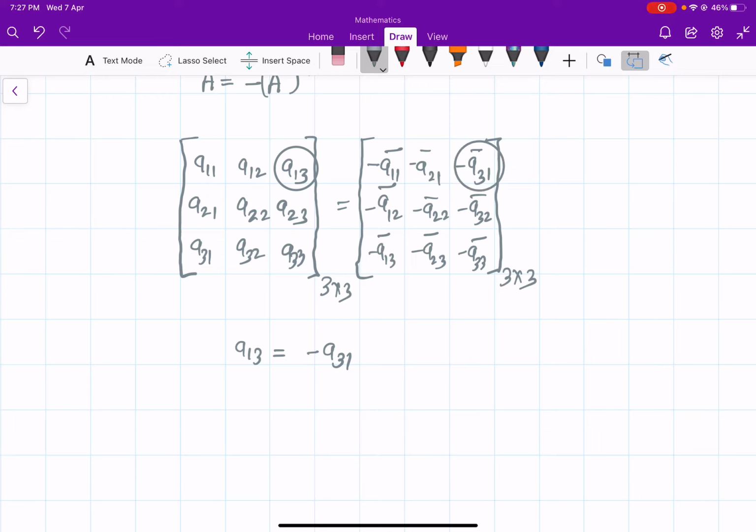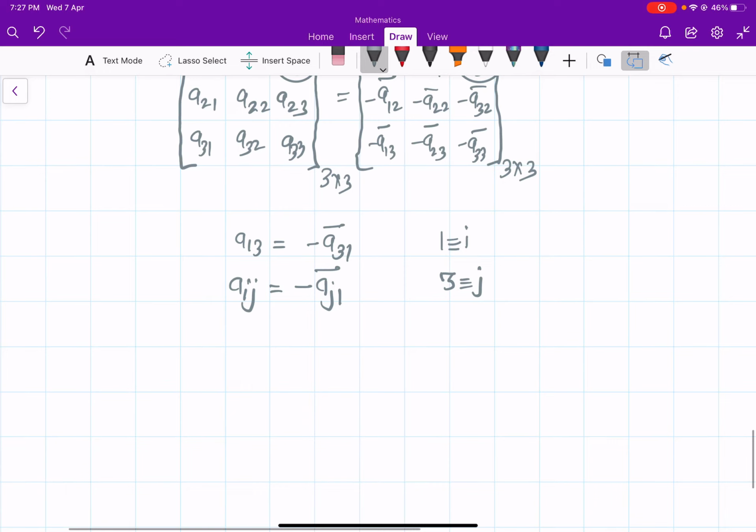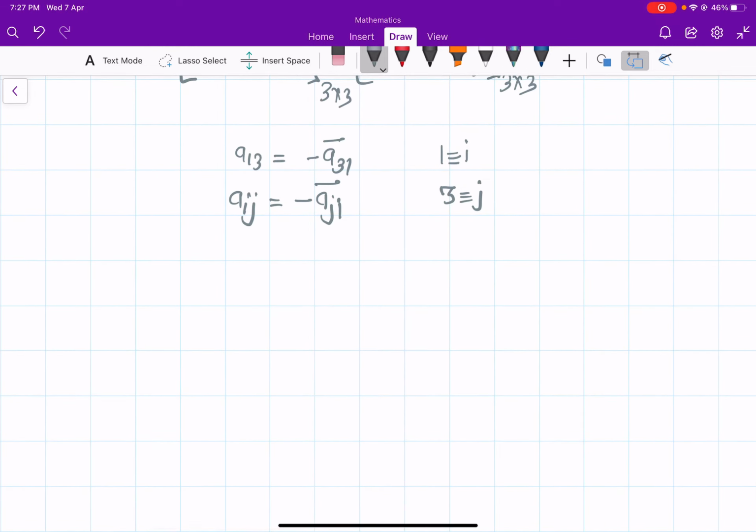So in general we can write Aij, if 1 is replaced by i and 3 is replaced by j, then Aij is equal to minus of Aji and its conjugate. So this is the condition for each element. The matrix should be skew Hermitian. If each element of the matrix satisfies this condition, then the matrix will be a skew Hermitian matrix.